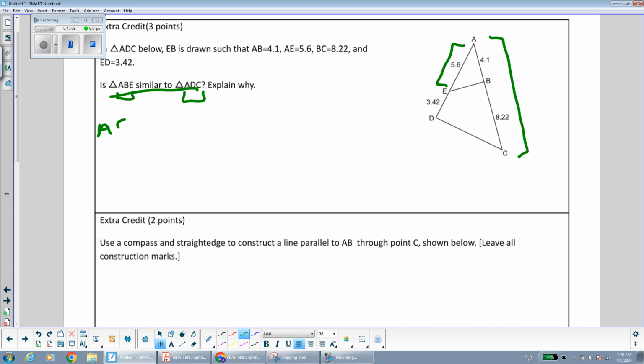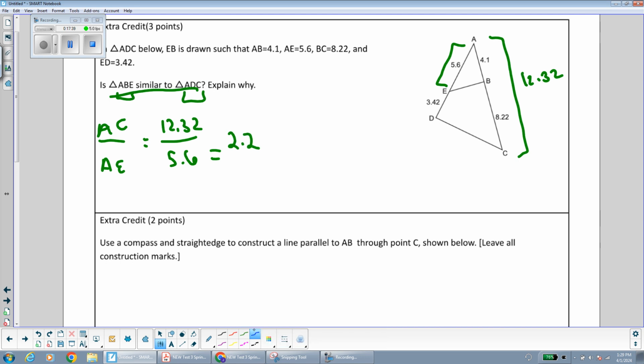So AC divided by AE would give us a scale factor for one pair of corresponding sides. AC is 8.22 plus 4.1, so that is 12.32. So 12.32 over 5.6. And that is 2.2 for the scale factor there.